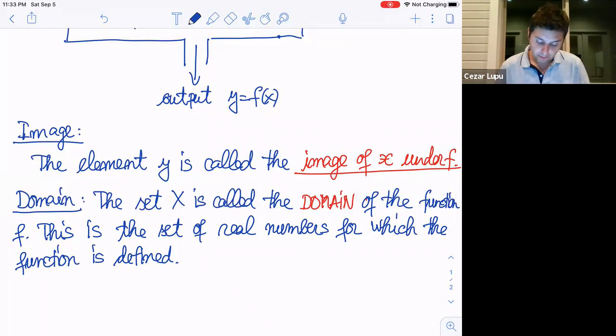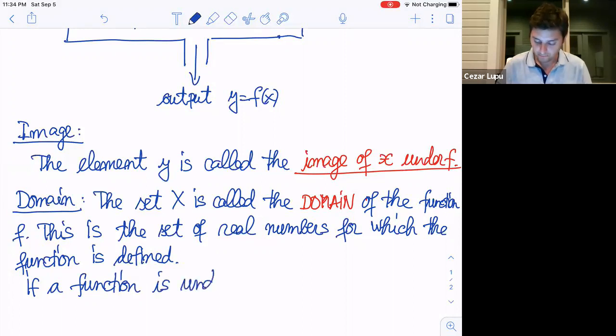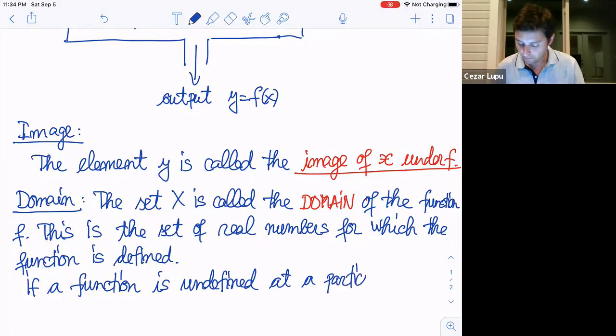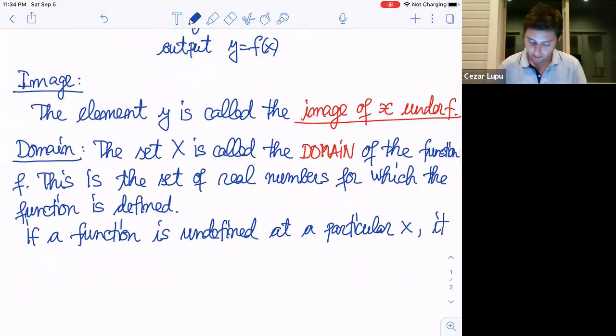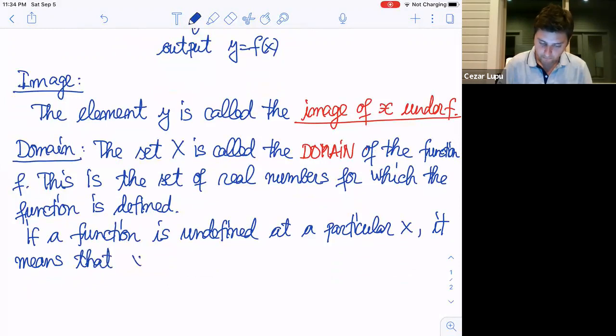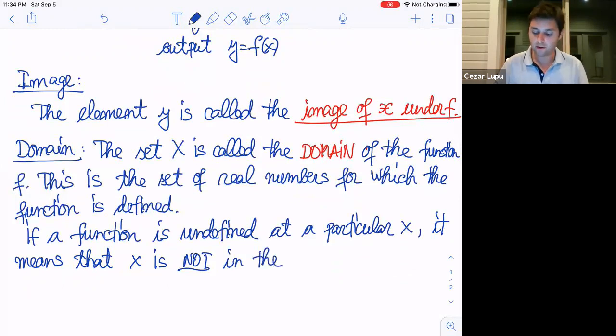Let's point this out here. If a function is undefined at a particular x, it means that x is not in the domain of the function f.